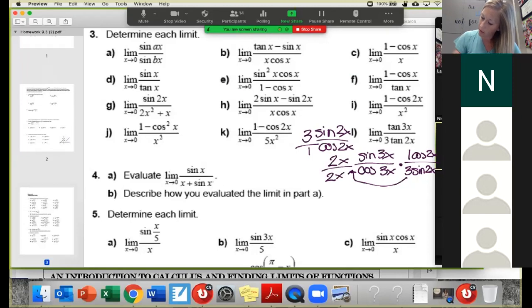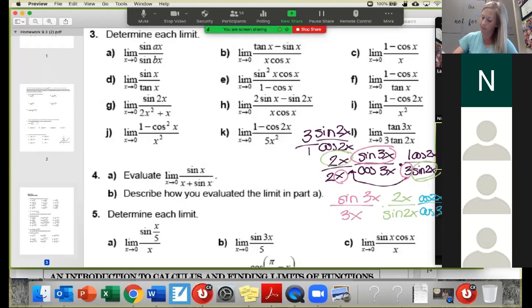So then I can organize. Let me group things together. Sine of 3x over this 3 and this x. This sine of 2x under that 2x. Which leaves me cosine of 2x over cosine of 3x, which doesn't matter.